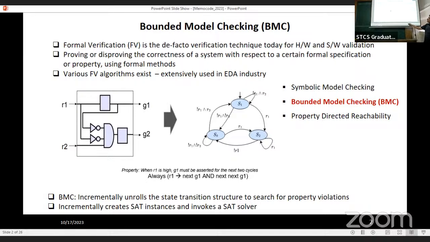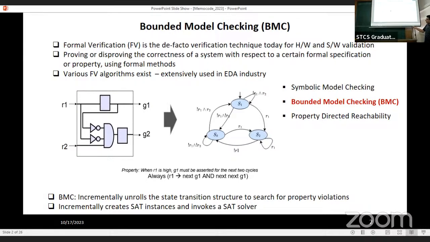What you see here is the design that you're going to verify, the system to be certified. These are sequential elements, this is a big AND gate, and these are inverters. Whatever goes in as R1 comes out as G1 in the next cycle because of this sequential element. So this is a 1 cycle delay.